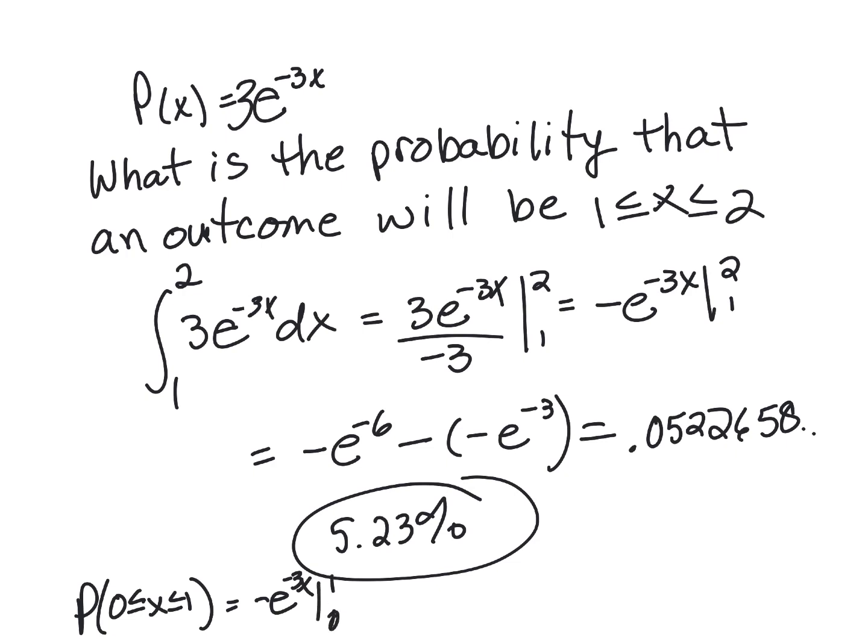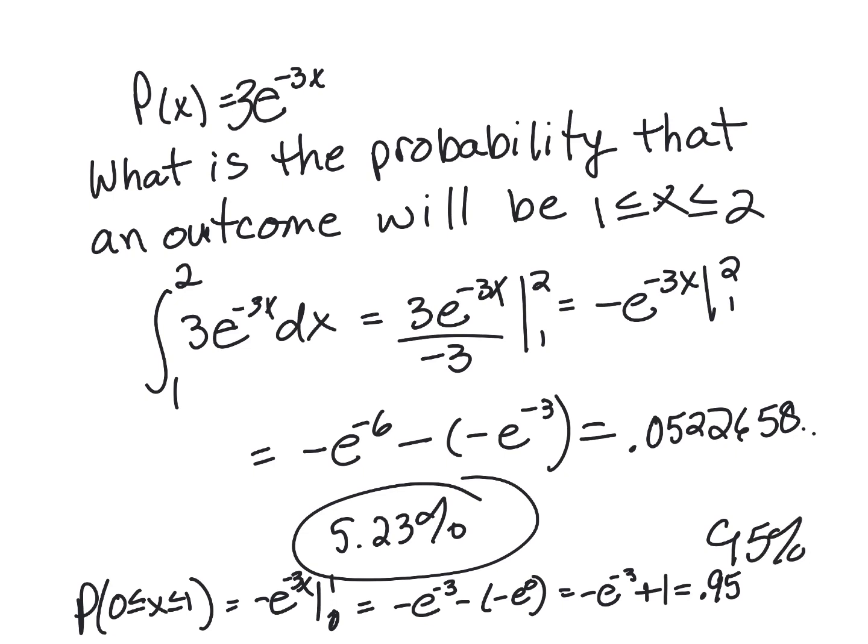Evaluate from 0 to 1, you're going to get minus e^(-3) minus negative e^0. So that's minus e^(-3) plus 1. And you get 0.95 and a bunch of other numbers. So that's 95% probability that your answer lies between 0 and 1.